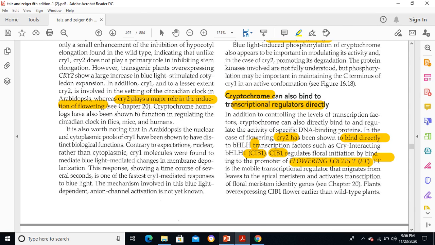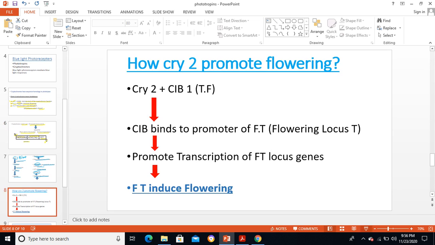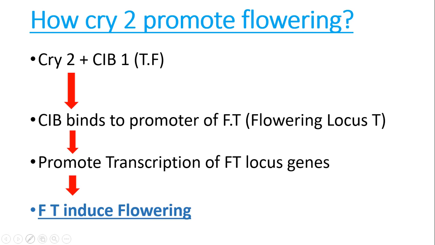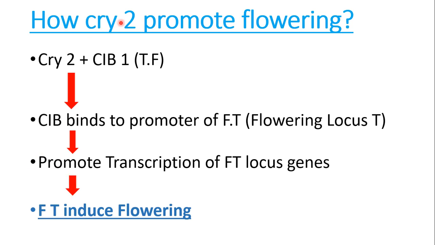Okay, so I have written a note. I will show you the note. See how cryptochrome 2 promotes flowering. Cryptochrome 2 has the ability to directly bind to the transcription factor CIB1. CIB1 will bind to the promoter of flowering locus T. The transcription of flowering locus T is essential for flowering.